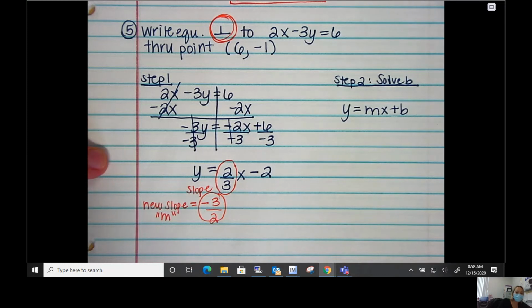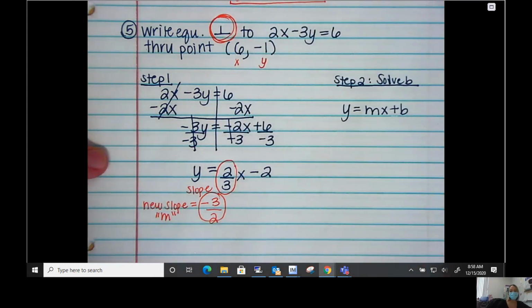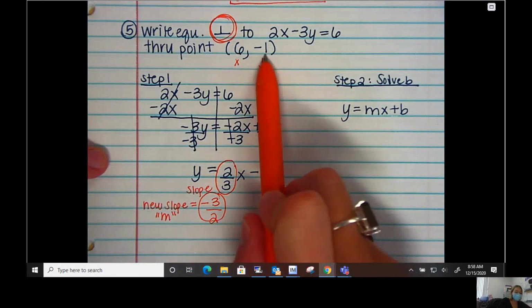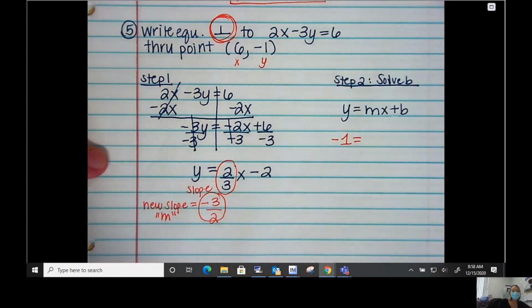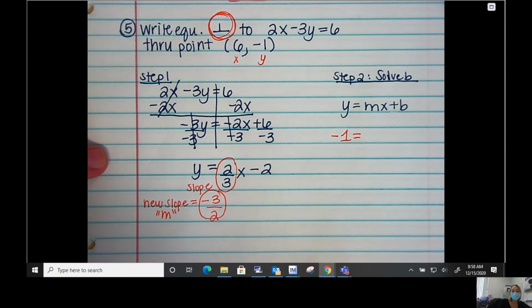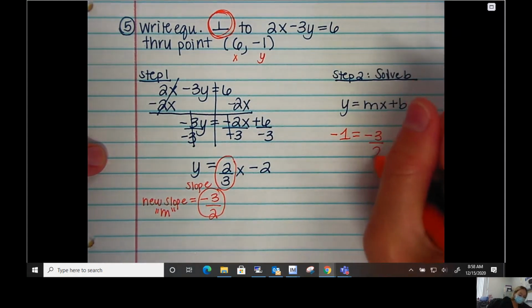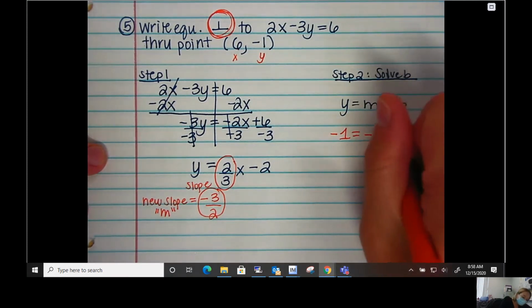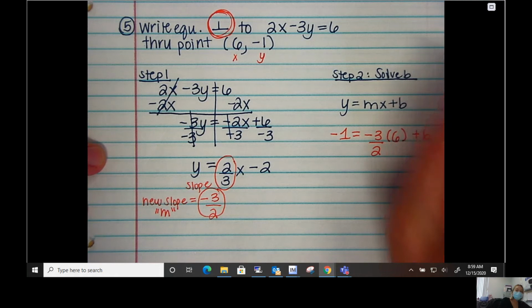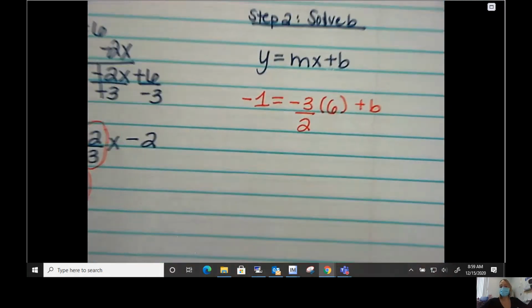Now, what are you going to plug in for your y value? Negative 1. So you use those points that's given to you. What are you going to plug in? Be very careful for your m. Negative 3 over 2. What are you going to plug in for your x? 6. And then I put plus b because I'm solving for b.